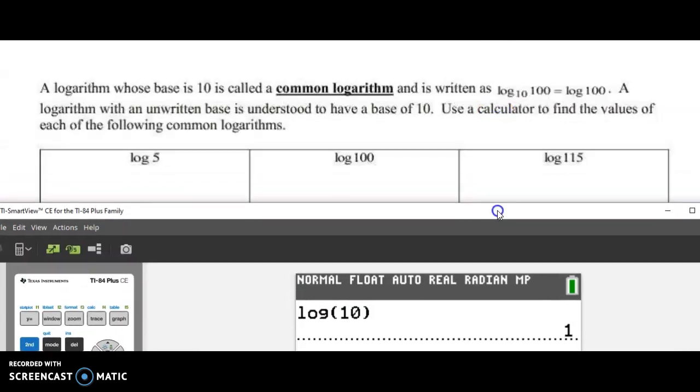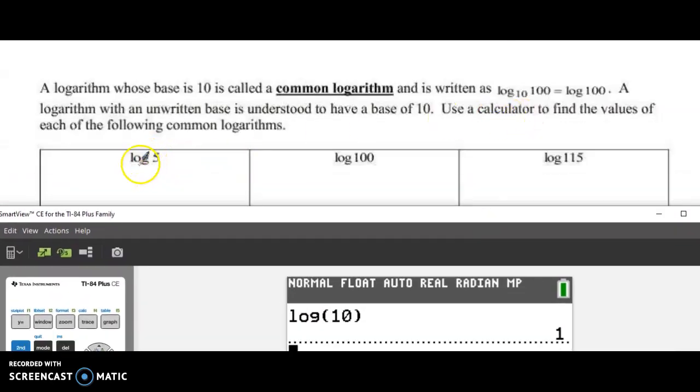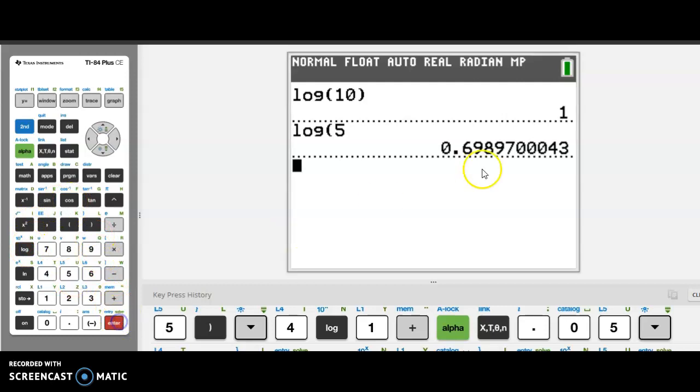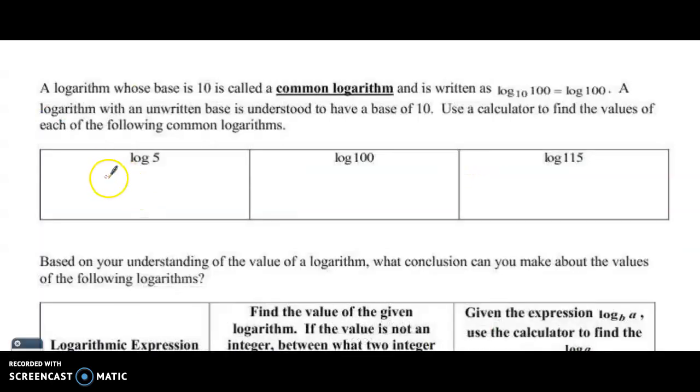As we examine our calculator then, if I ask you to do log of 5, and you don't have to close the parenthesis, at least on mine, we get that answer 0.699. That answer should make sense because the base is bigger than that argument, so we should get an answer that's smaller than 1. I'll just write that off to the side.